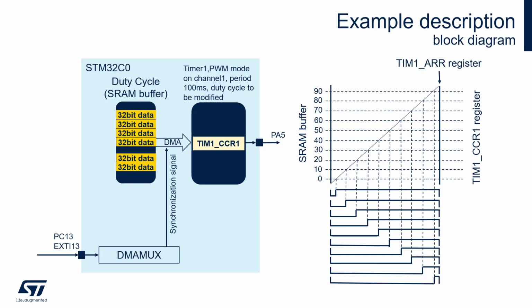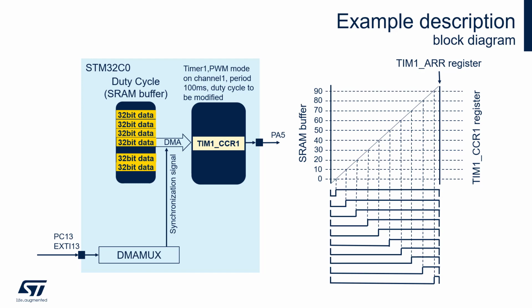Here on the screen you can see the simplified description of our final application. On the left side we can see the block diagram of the microcontroller and the main components which will be used during this part. So we can see timer 1, which will work in PWM mode on its channel 1 with a period of 100 milliseconds.